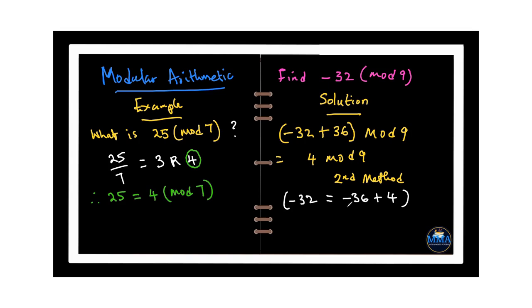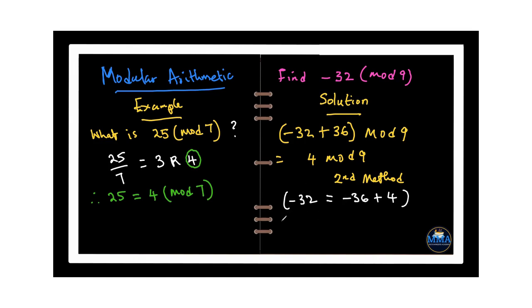I can, because 9 cannot fully go into minus 32, but there is another negative number that 9 can fully divide, and that is minus 36. If I take minus 36 and I want to add something to it so that my value will still be minus 32, the number I need to add is 4.